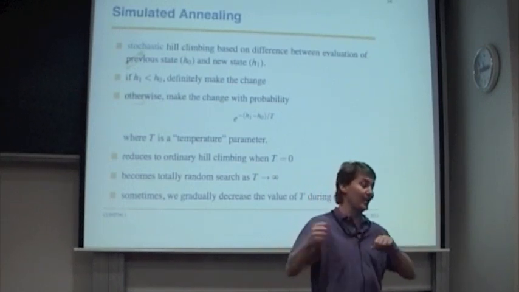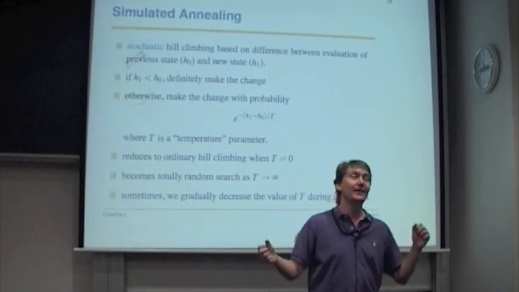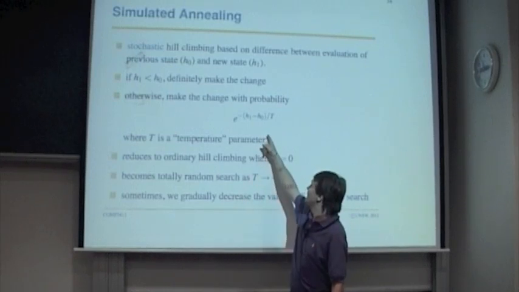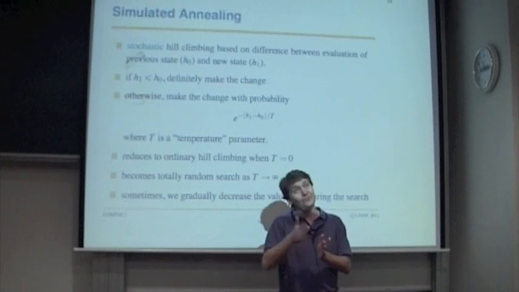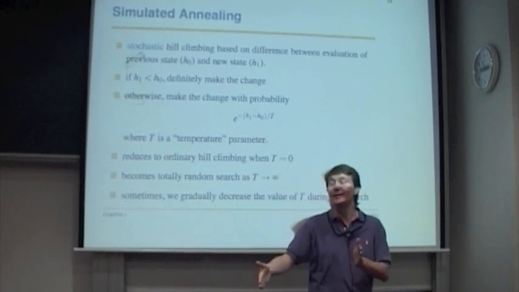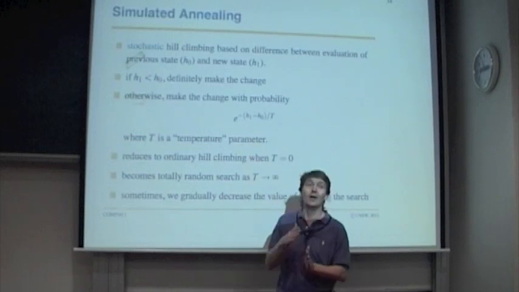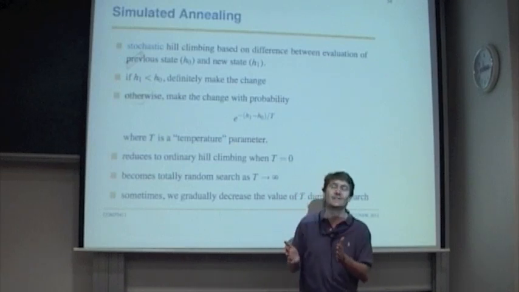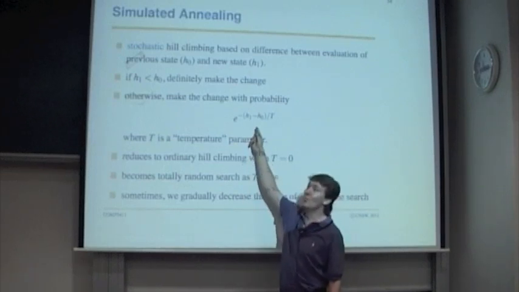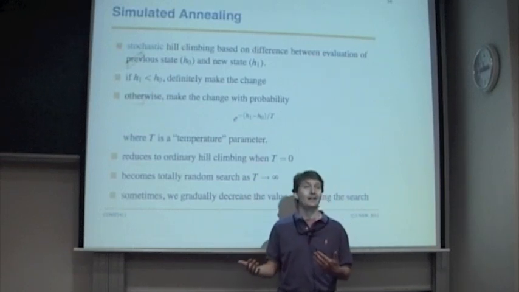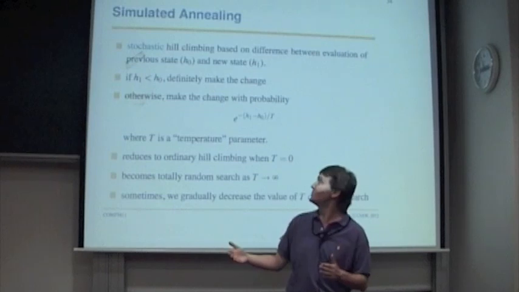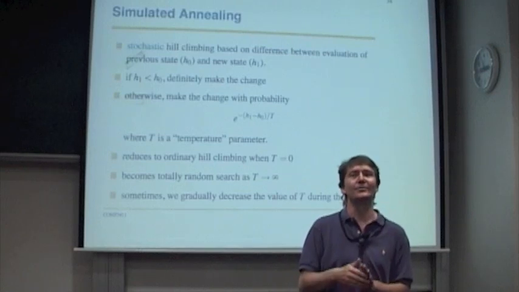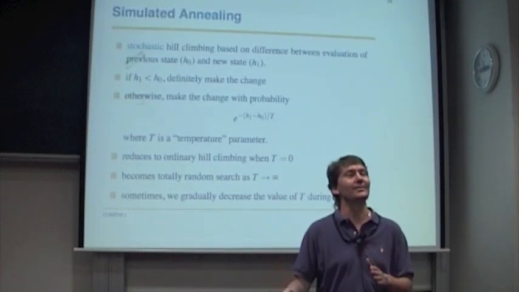I'm just randomly jumping around all over the place, not caring about the fitness. When t goes to 0, I'm strictly adhering to hill climbing, and when t is some number in between, then it's a mixture. There's always some probability that I'll make the switch, but I'm more likely to switch to positions which are good than positions which are bad.